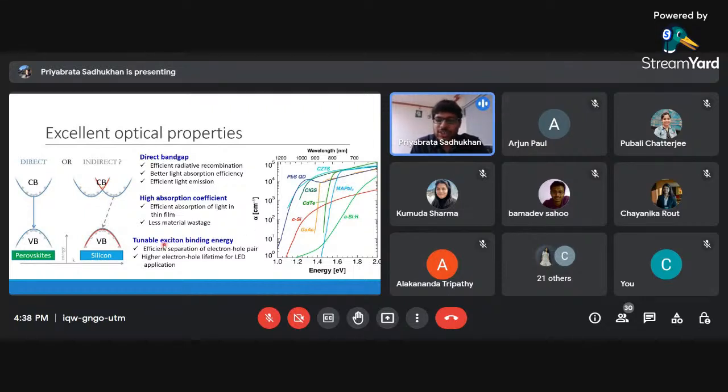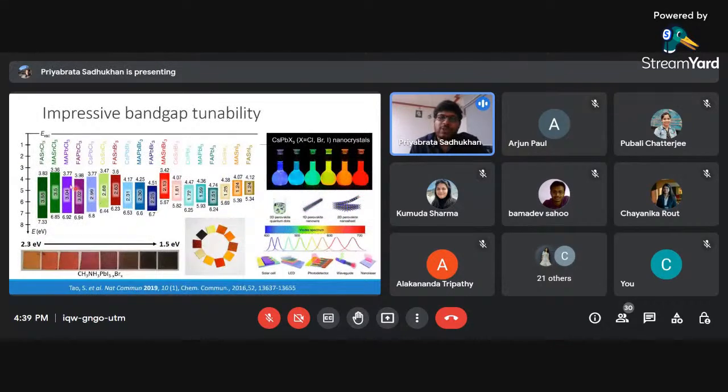And the third one is the excitonic binding energy. It is a bit of a technical term. For solar cells, we need lower excitonic binding energy, and for LEDs, we need higher excitonic binding energy. But for perovskite, because of their large family, we have different materials that contain both of these properties. So in this way, we have a very large family of perovskite. I have listed some of them here. You can see the change in band gap.